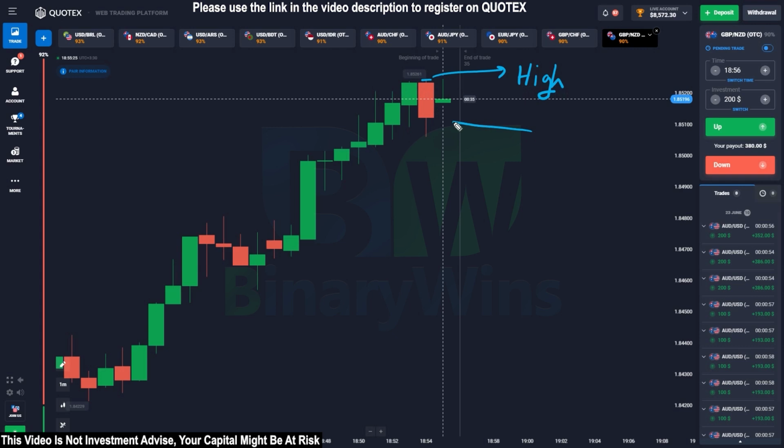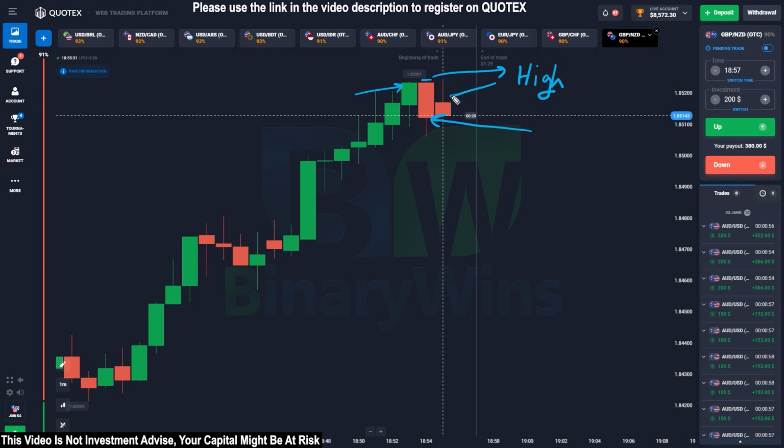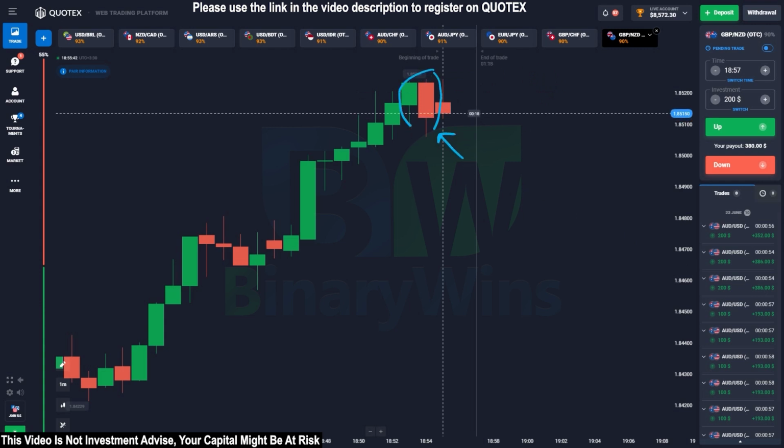But because the candle body is bigger than the previous candle body, it is likely that the next candle will become a red candle. It basically created a bearish engulfing pattern for us. So we can't enter a higher trade here.